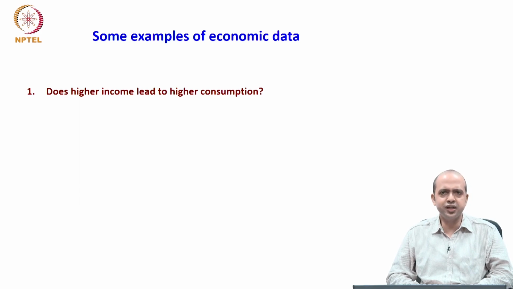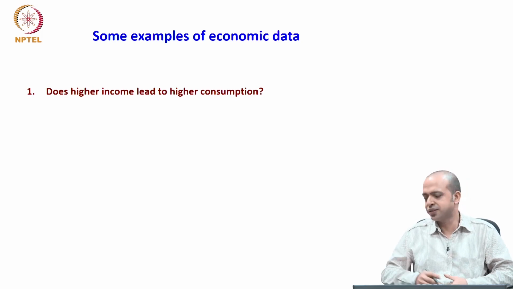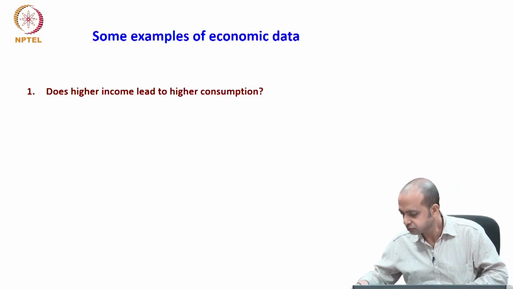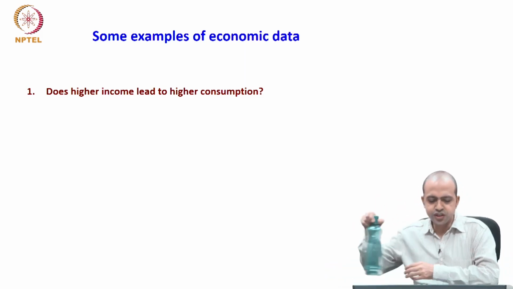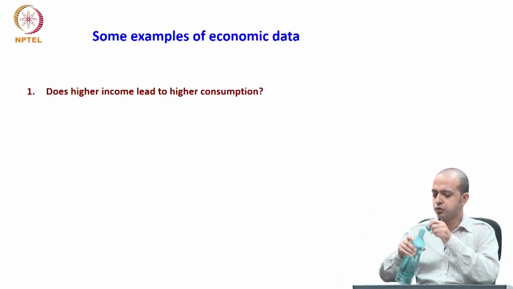So, basically in econometrics we will always try to answer the question how much, how much. When income increases by 1 unit, let us say by 1 rupee or 10 rupees or 100 rupees, what is the corresponding increase in consumption? As theory says, when your income increases by 1 rupee, consumption will increase, but definitely less than 1 rupee, right. So, this is the first example of economic data.